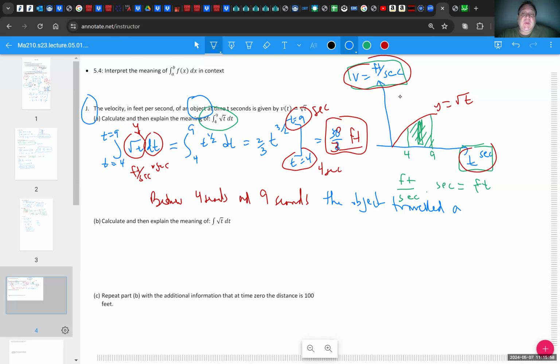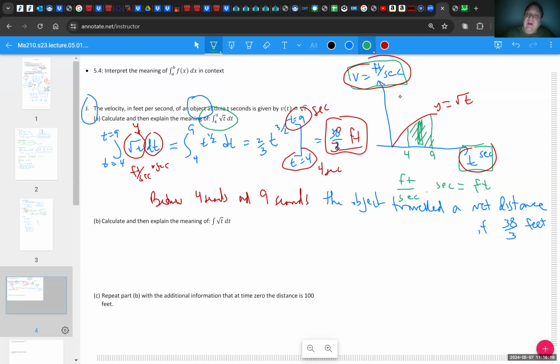So when I multiply, I get feet. So I get distance, that's the quantity, feet. So the object traveled a net distance of 38 over 3 feet.